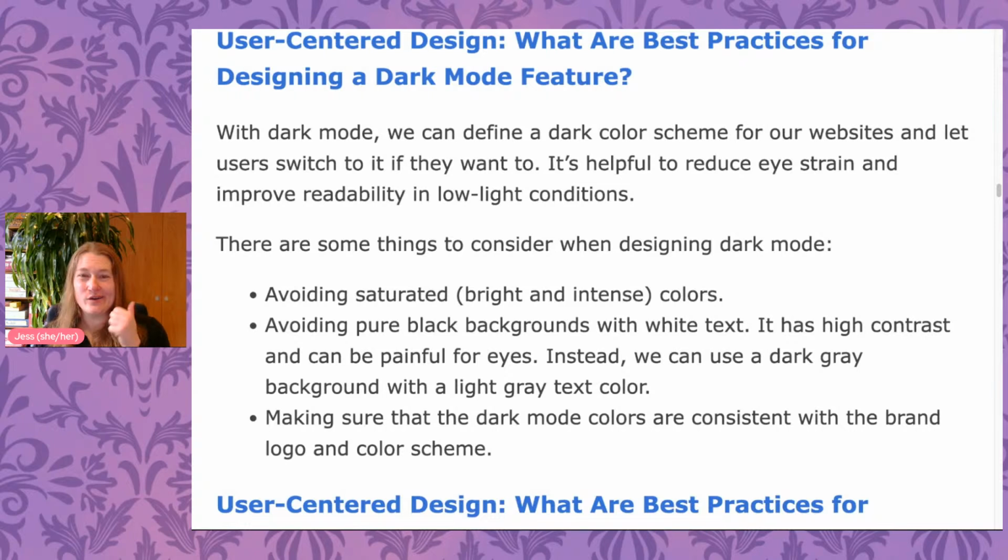Make sure that we're not going for too bright and intense on dark backgrounds because you do get good contrast, but it's a stressful contrast, kind of an eye strain contrast. The same as if you put dark, dark black with white text, that contrast is too high and can be really hard. Maybe a dark gray background. And when you are giving users the option to switch between light mode and dark mode, make sure that if you've got a brand team or a marketing team, that they're not going to yell at you for your colors.